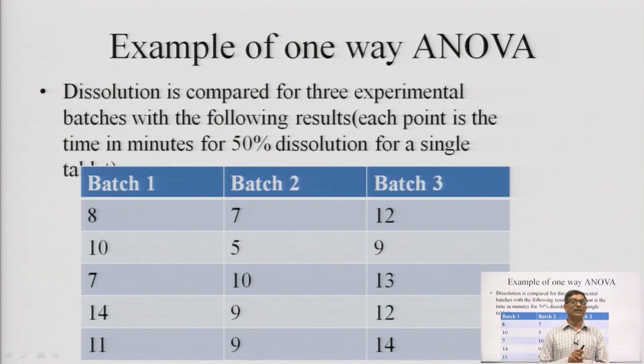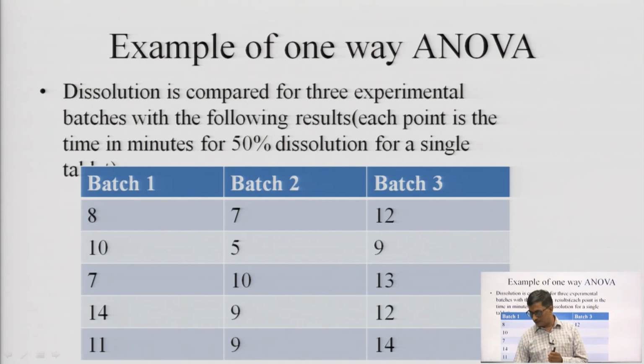In batch 1 we have 5 samples, in batch 2 also 5 samples, and in batch 3 also 5 samples. So, here the dissolution depends upon only the 3 types of batches of tablets. So, we apply one way ANOVA.